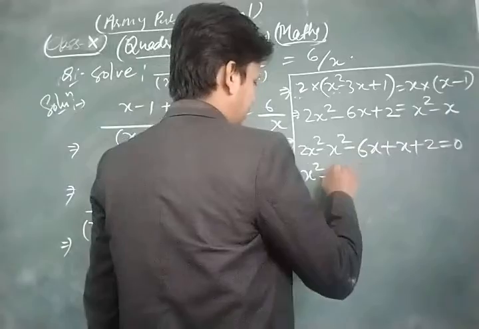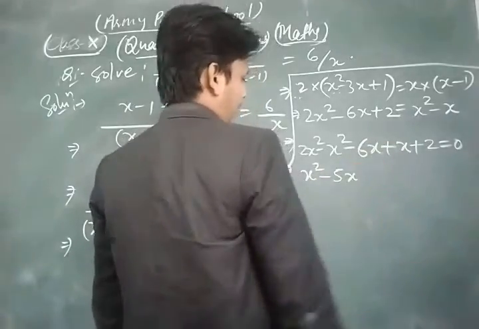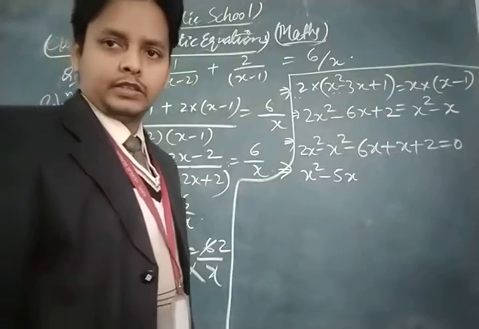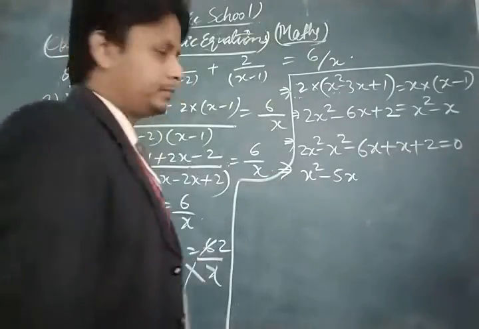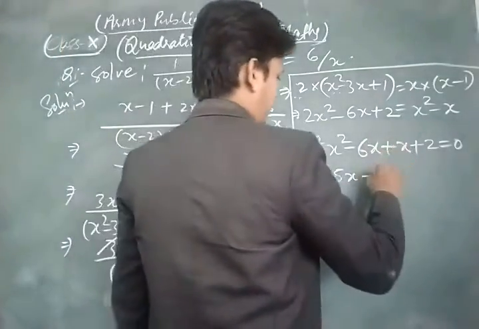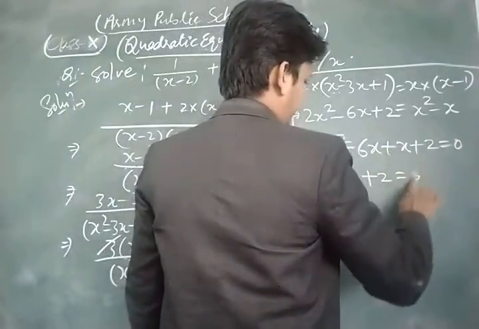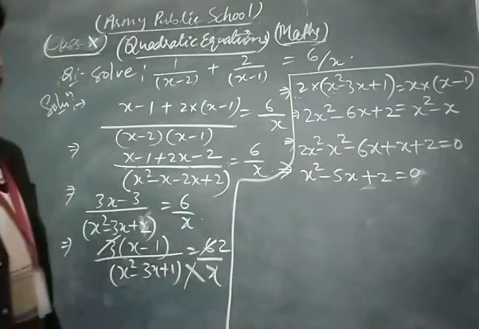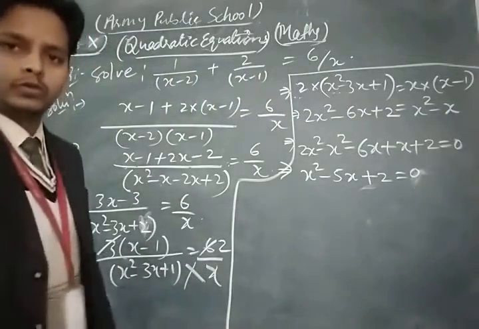Minus 5x, minus 5x, and plus 2 is equal to 0.